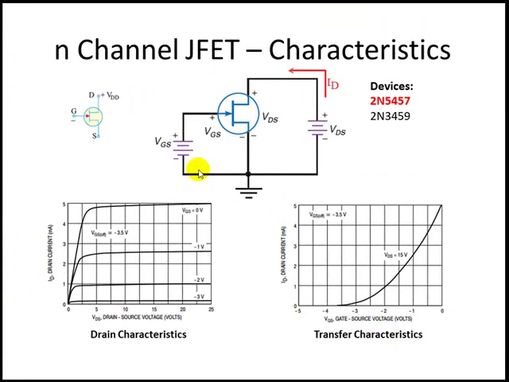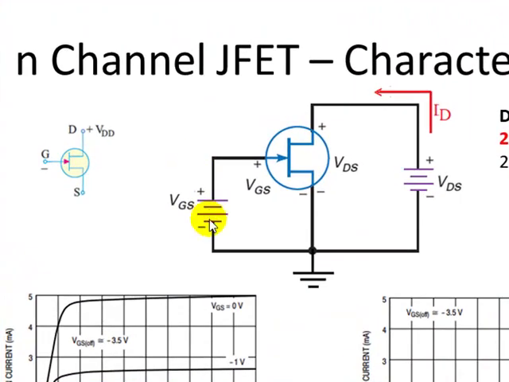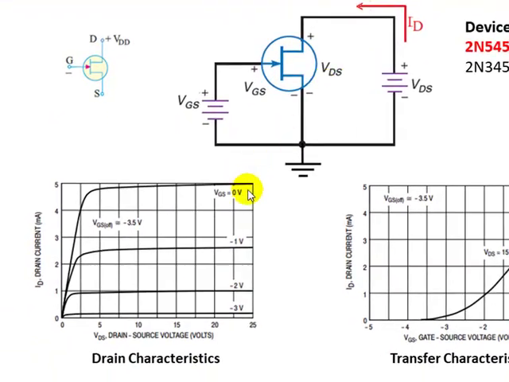To obtain both the characteristics, this is the circuit that we have to build. We have N-channel JFET here, and we shall apply gate to source voltage and drain to source voltage. Two voltage sources are required. To obtain drain characteristics, we'll fix gate to source voltage VGS constant, and we shall vary VDS starting from 0 to some positive value of the voltage, and we have assumed this as the direction of the current.